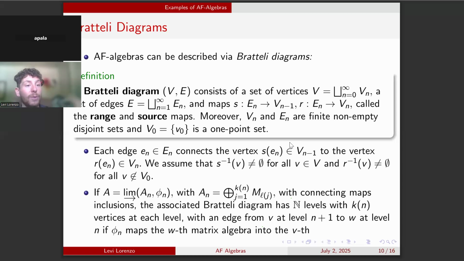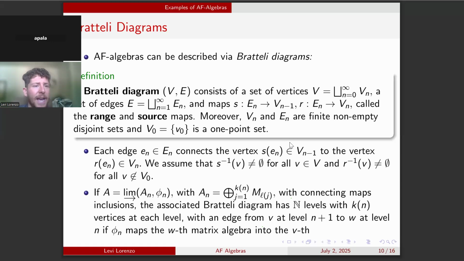And then we have our source and range maps, which take an edge: the source map associates it to the initial vertex, and the range map associates it to the end vertex. If you've talked about graphs, there might be a talk on graph algebras, and this stuff will come up again there.